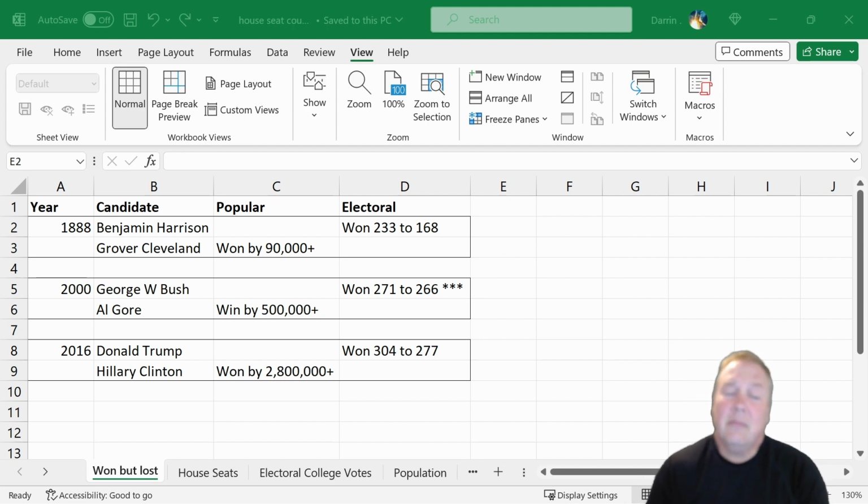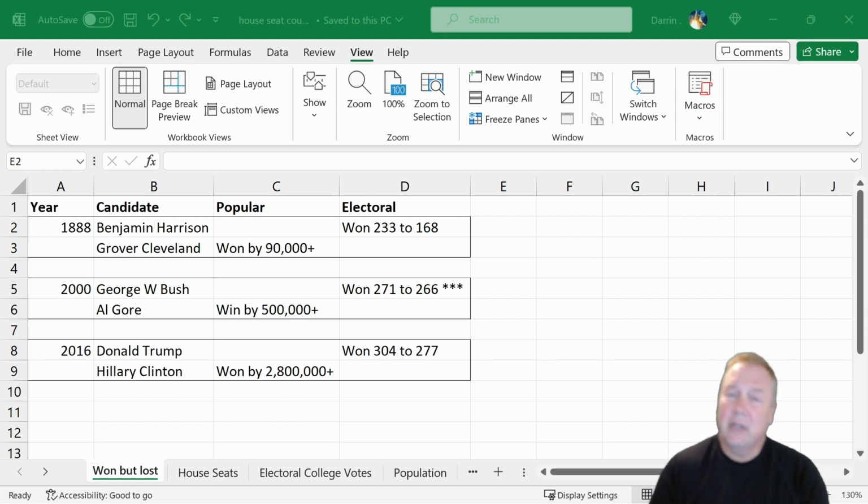So we have this idea that the person who gets the most votes wins, and that's usually the case, except with the Electoral College. And that's where things can sometimes be a little messy.